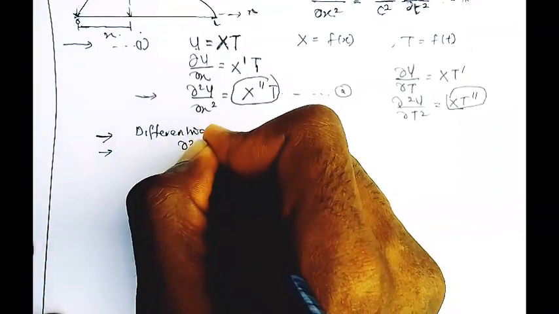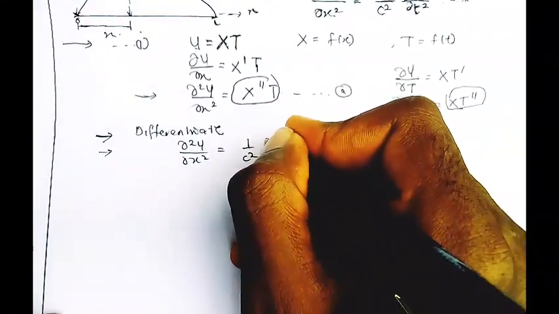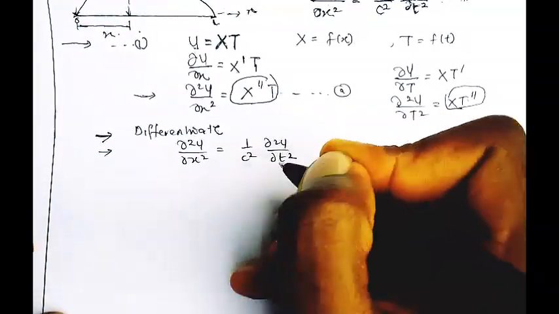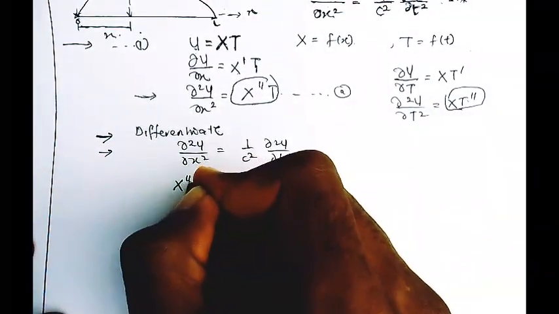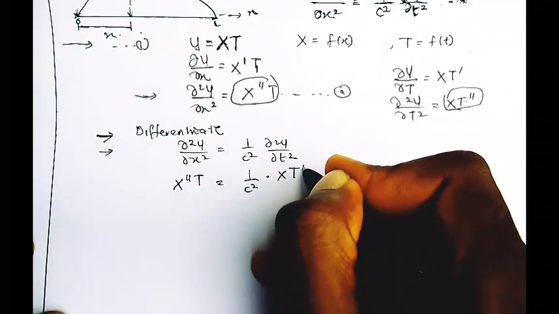Since the wave equation is given as d square u over dx square equals 1 over c square d square u over dt square, substituting this, we have X prime prime T equals 1 over c square X T prime prime.